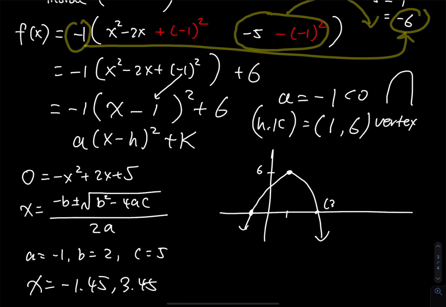So this is (3.45, 0), and this is (-1.45, 0). So that's how you go from general form to standard form, because in standard form, you can see the x and y coordinates of the vertex. In order to go from one form to another form, you have to do completing the square.